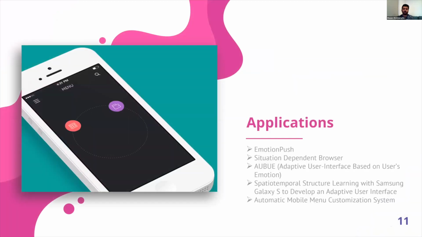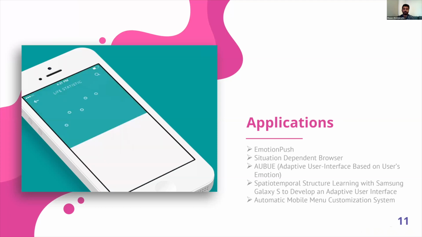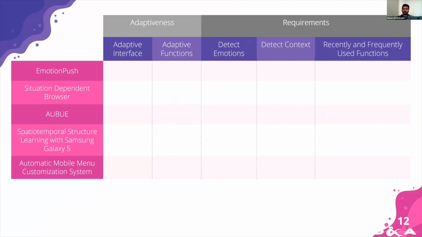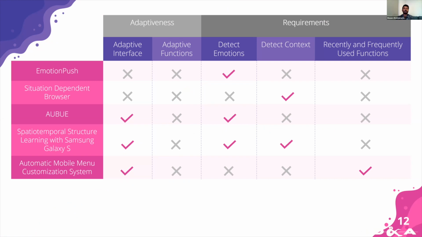There are a few applications that have been developed using these concepts, but to the best of our knowledge, there is no application which addresses all these requirements, as stated as column names in the right half of this table. So our aim is to provide a system which incorporates all these, because each of these has its own benefits.